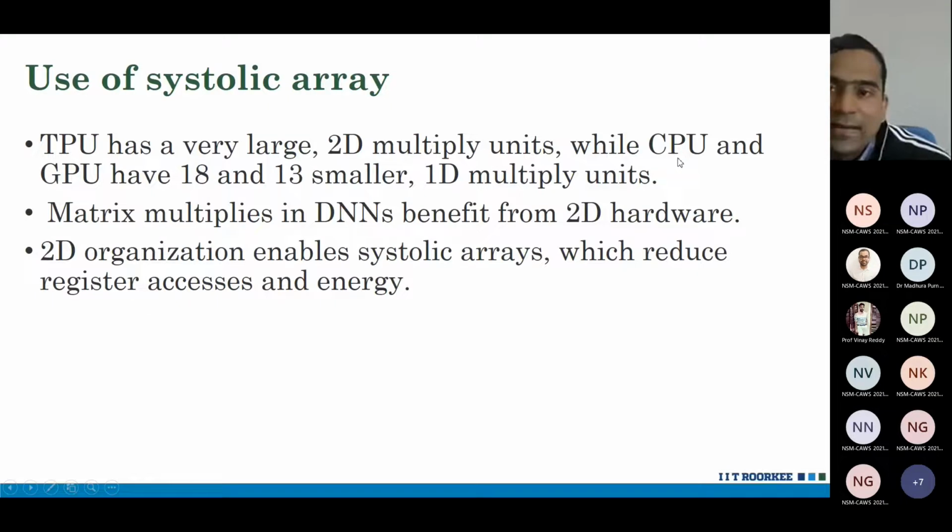CPUs don't have systolic array. They have either individual multiply units or if you see vector extensions, AVX, then they have vector units. And now I will just come to that very soon. Matrix multiplies and DNNs benefit from 2D hardware. 2D organization enables systolic arrays, which reduce register access and energy.